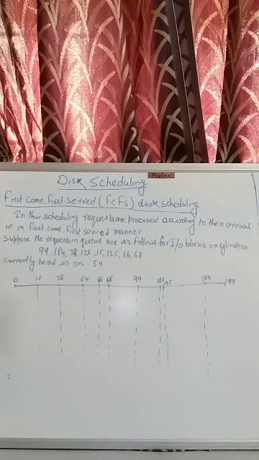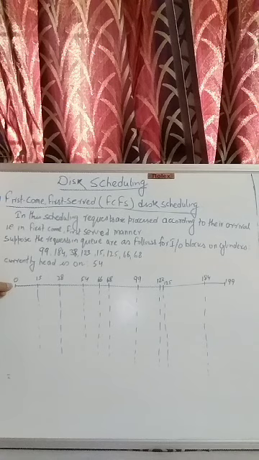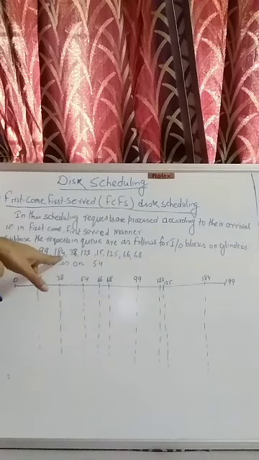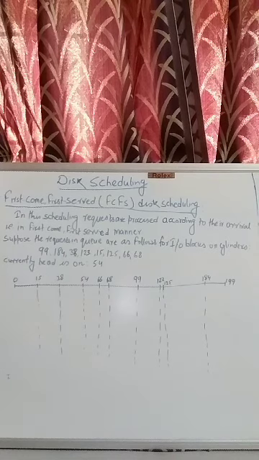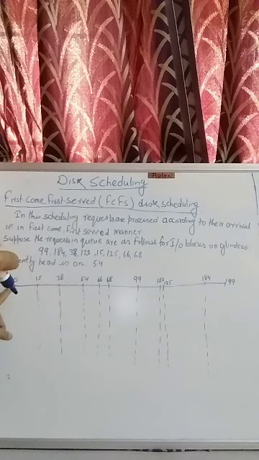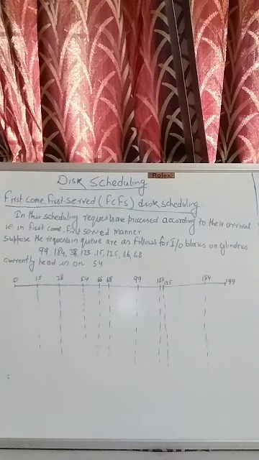So for this we suppose a disk with 200 cylinders, because the maximum request is for 184, so we can use the disk size in terms of cylinders from 0 to 199, meaning 200 cylinders.